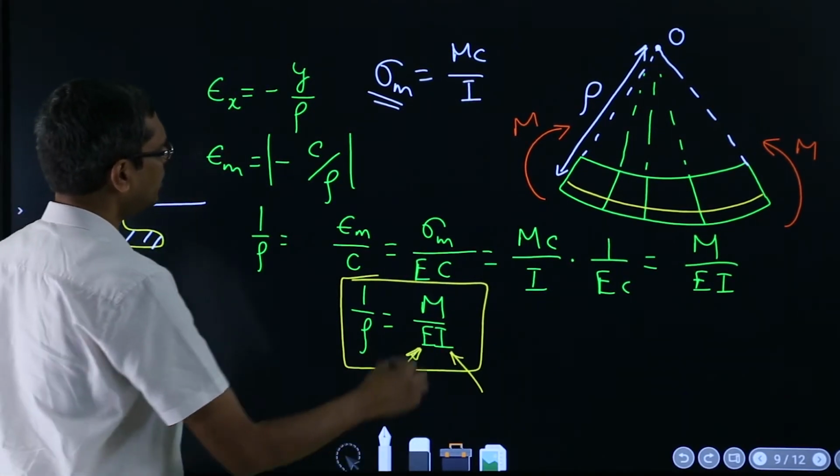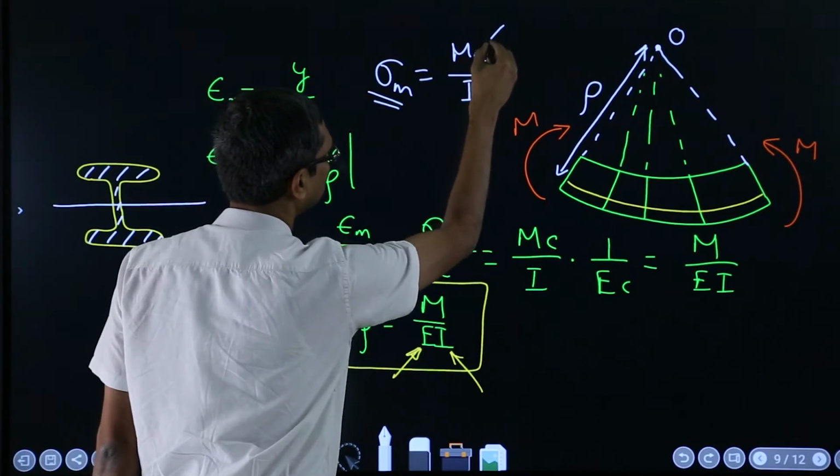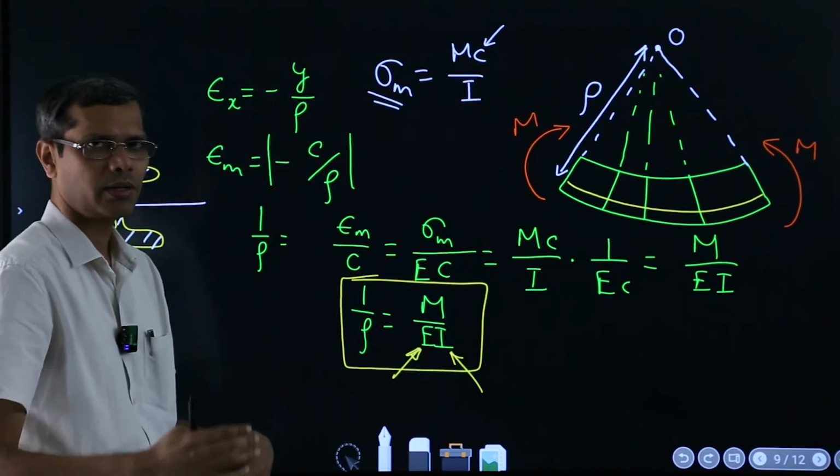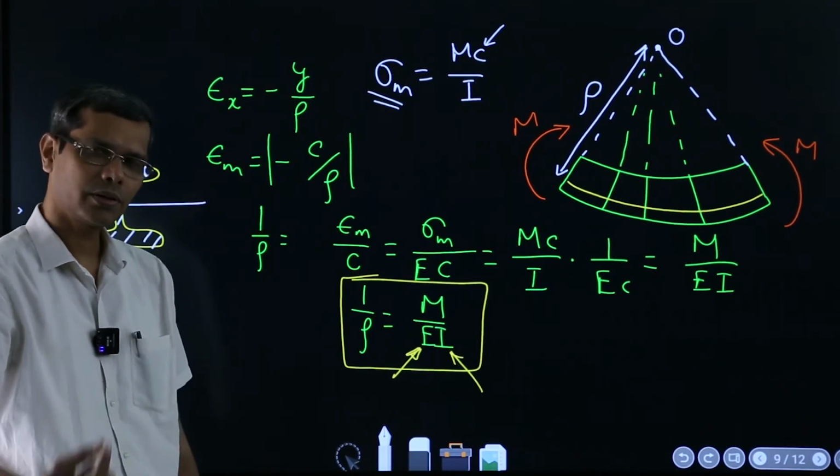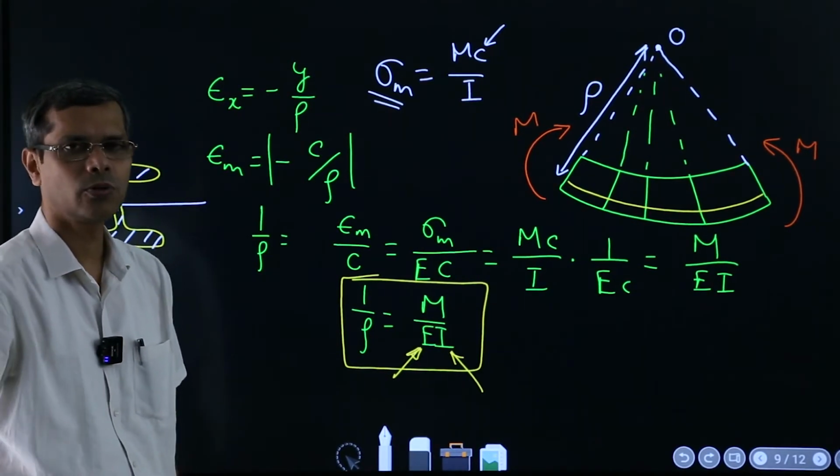But in doing so, you will invariably increase C, right? Because you will distribute the masses farther and farther, so the fiber from the neutral axis also will go farther.